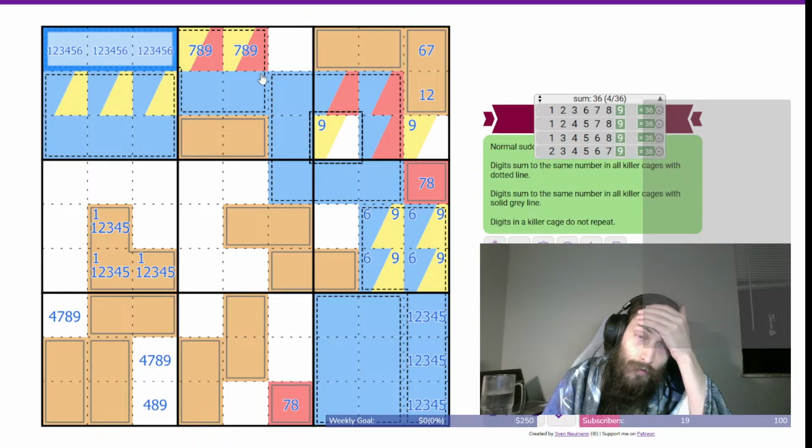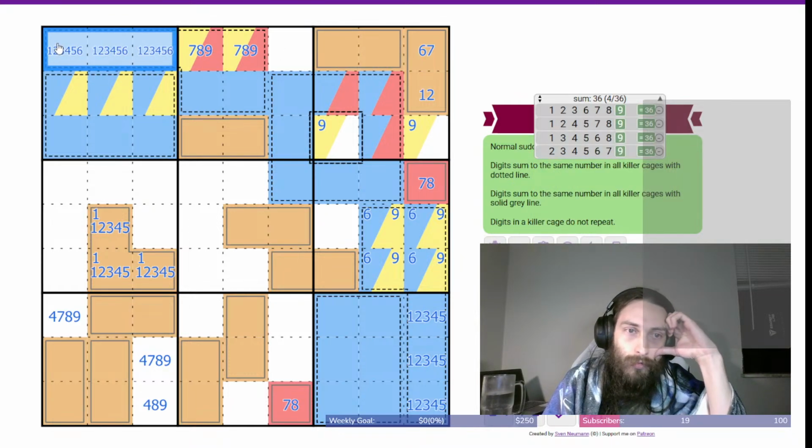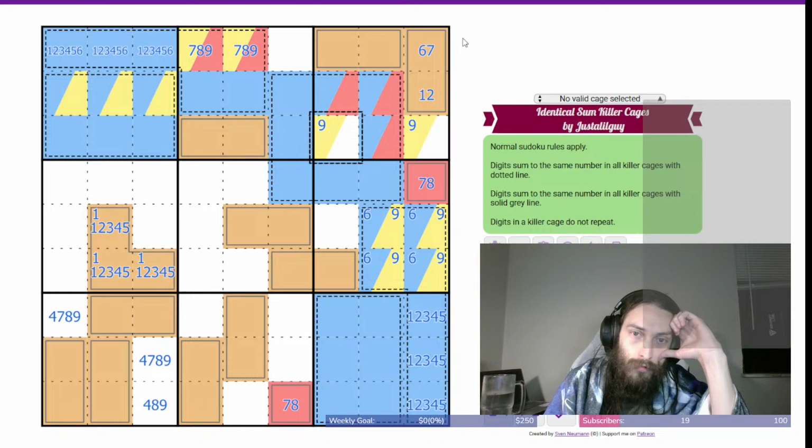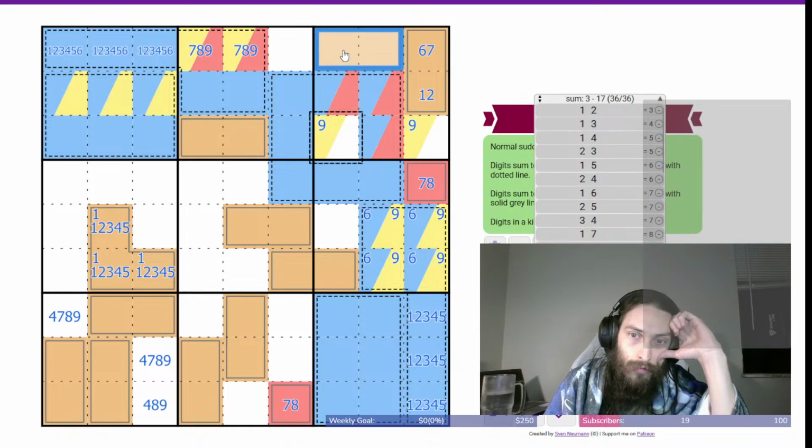Just to repeat what you said, this had to have 2 low digits, right? Because this one sums to 9. Because 7 or 8 takes one digit from 1, 2, 3.